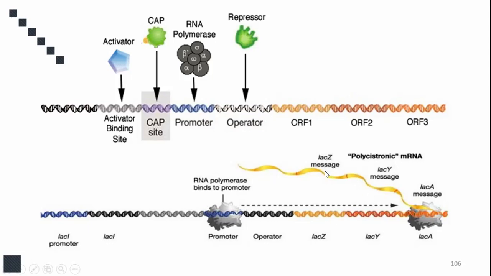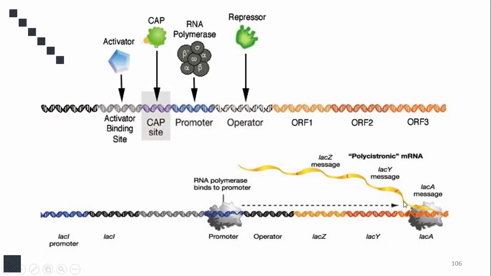So recall we were talking about polycistronic messenger RNA. By the time it transcribes this region, like lacZ, lacY, and lacA, we have a single messenger RNA containing all the segments. So you can see message for lacZ, message for lacY, and then message for lacA. This is what is called polycistronic.